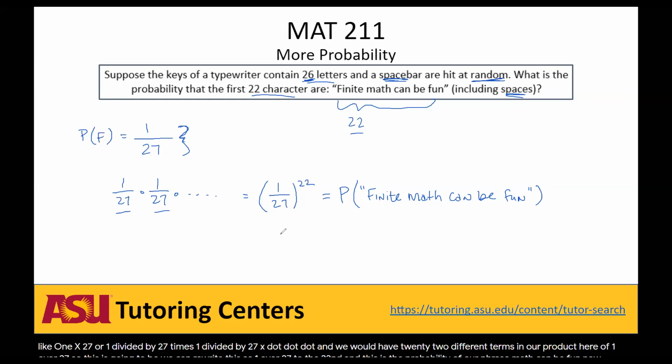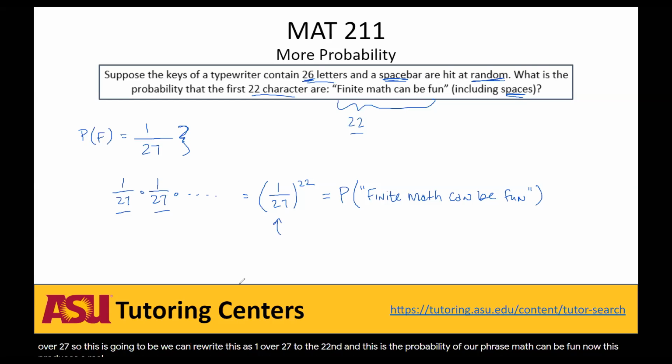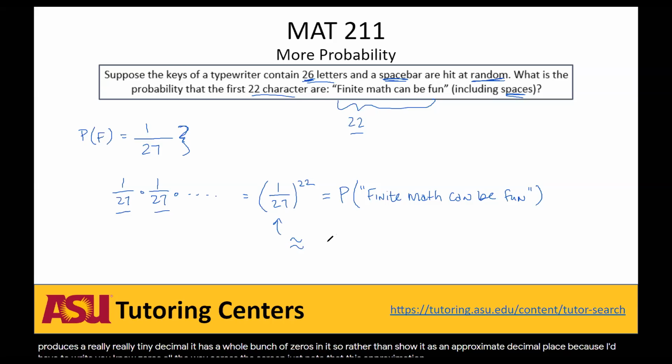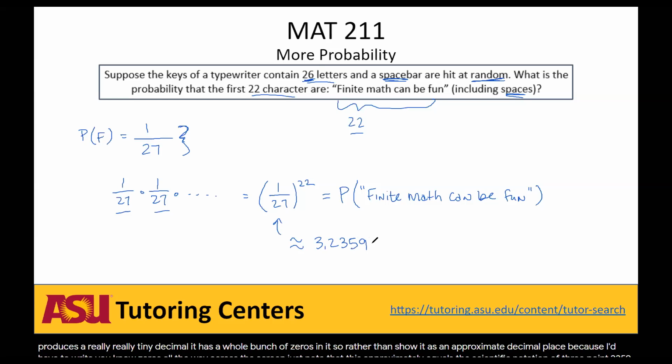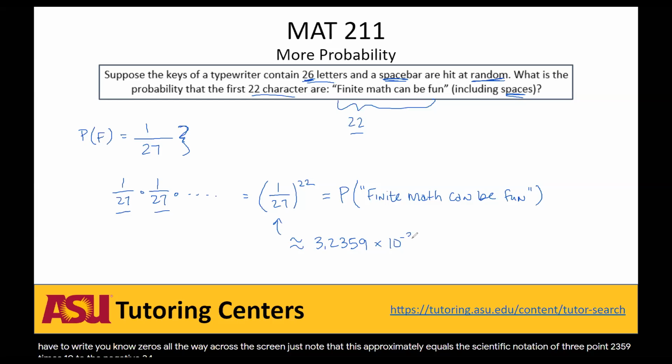Now, this produces a really, really tiny decimal. It has a whole bunch of zeros in it. So rather than show it as an approximate decimal, because I'd have to write zeros all the way across the screen, just note that this approximately equals the scientific notation of 3.2359 times 10 to the negative 32nd.